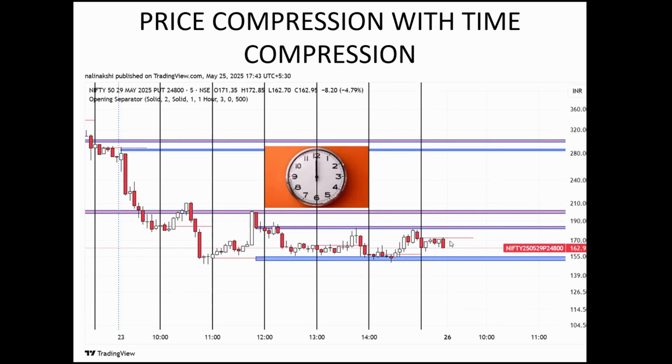Time also compressed. People might have entered short positions thinking that price is coming down because the underlying moved down around 11 or so. It started moving down.